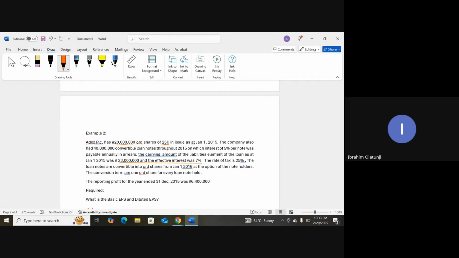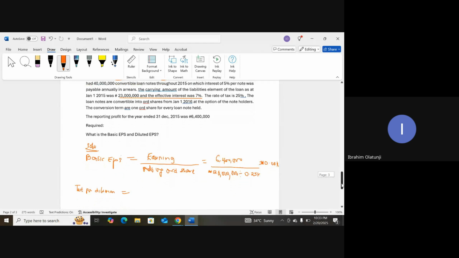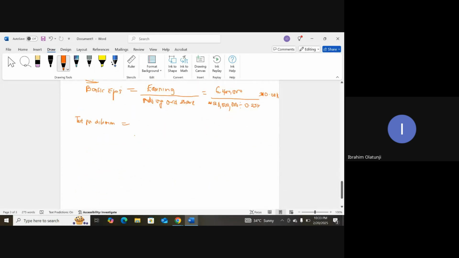This is the carrying amount of the liability element of the loan, which is 23 million, and the rate is 7%. So 7% multiplied by 23 million, multiplied by 1 minus tax, which is 0.25, then all over the number of ordinary shares.